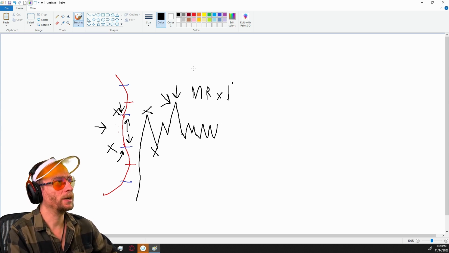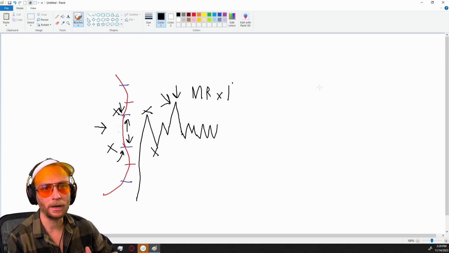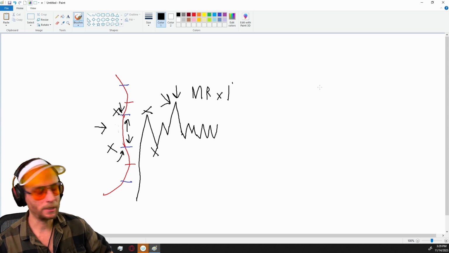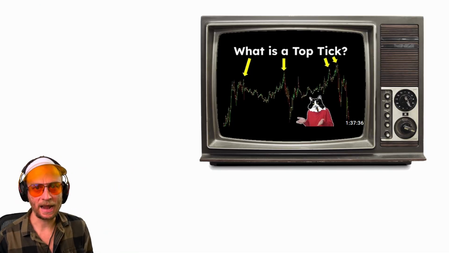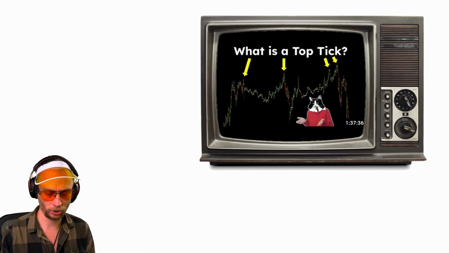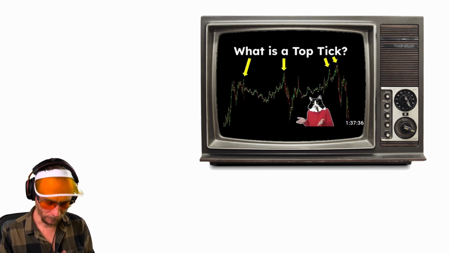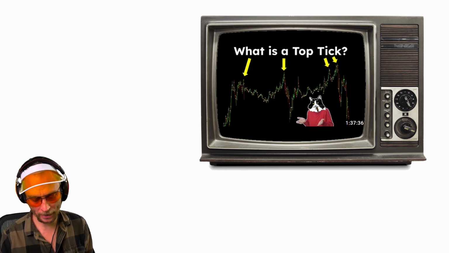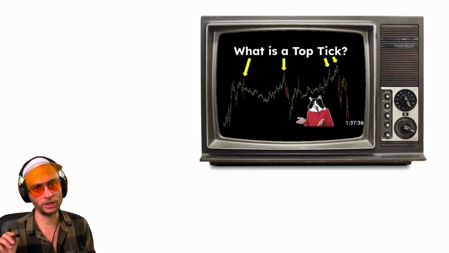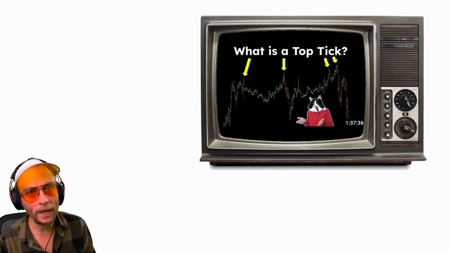So at this point, since this is kind of like the top tick, bottom tick video, I recommend watching that. Remember in that video, I tell you, if the last thing that happened was a top tick, then there's a good chance it's going to go to the other side. If the last thing that happened was a bottom tick, there's a good chance it'll go to the other side. Not always.